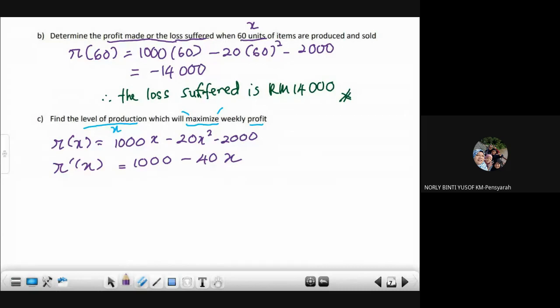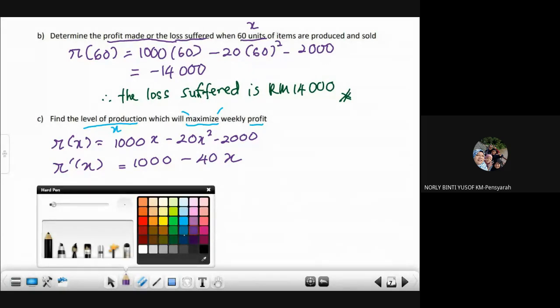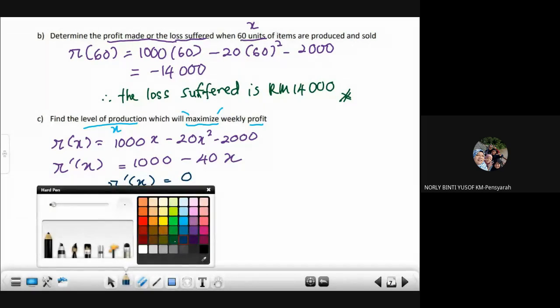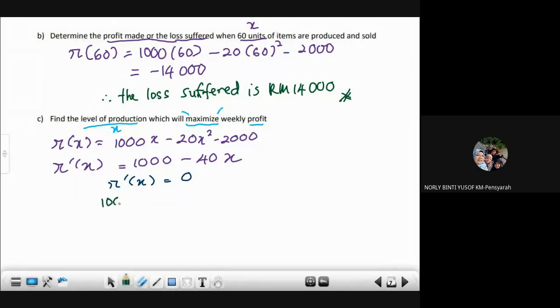Okay. So when you have your profit function first order, you must equate it to zero because of the word maximize. So profit prime that you differentiate, you get equals to 0. So 1000 minus 40x equals 0.